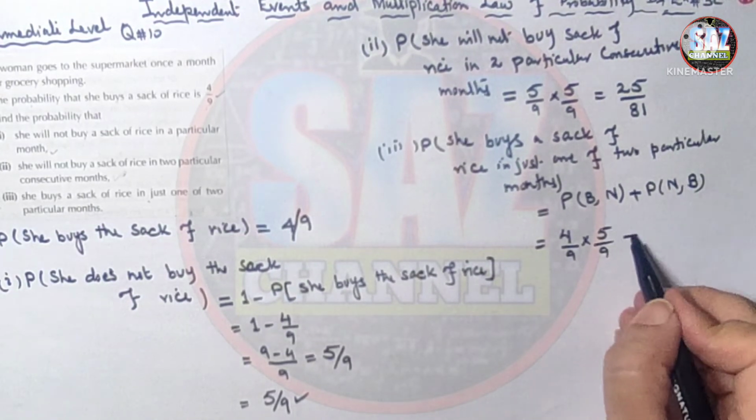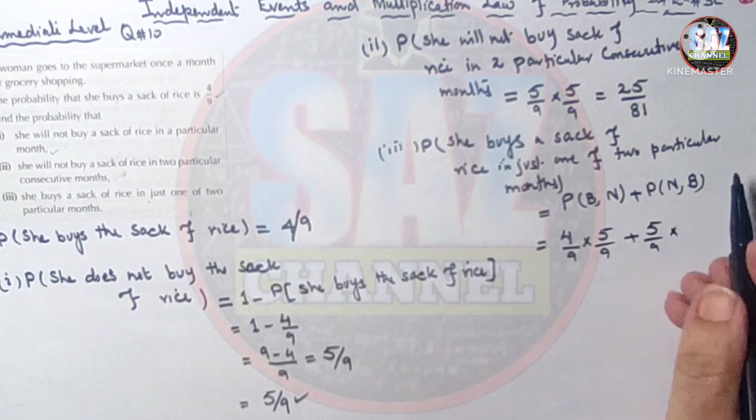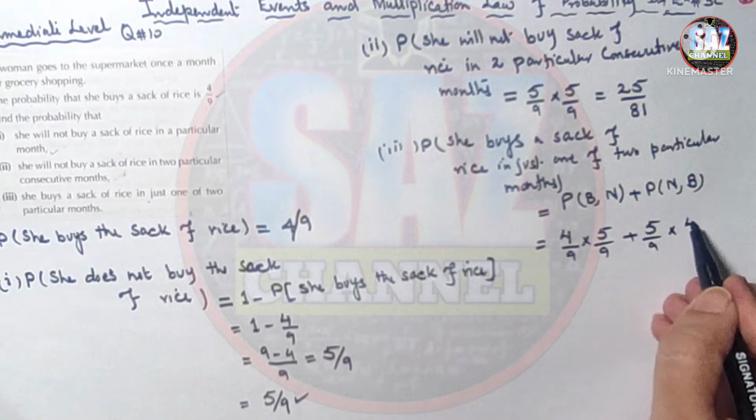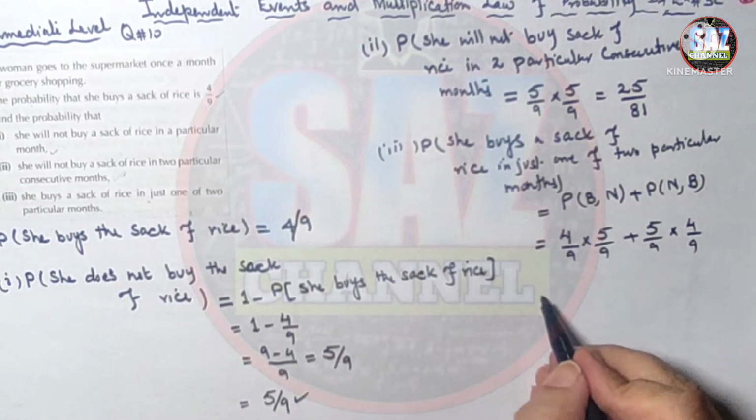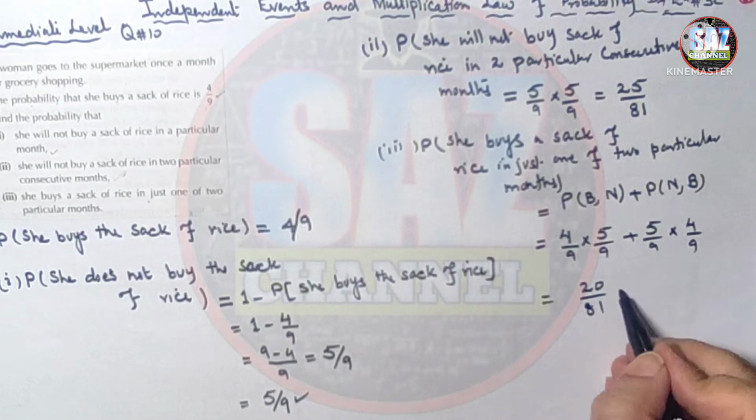plus 5 by 9 multiplied by 4 by 9, and this will become 20 by 81 plus 20 by 81.